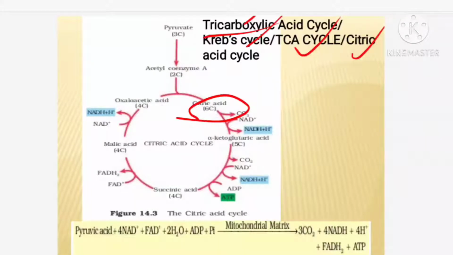Whatever the question is, whether it is tricarboxylic acid cycle, TCA cycle, Kreb cycle or citric acid cycle, the answer remains one and the same.